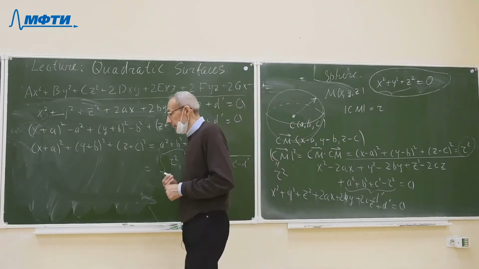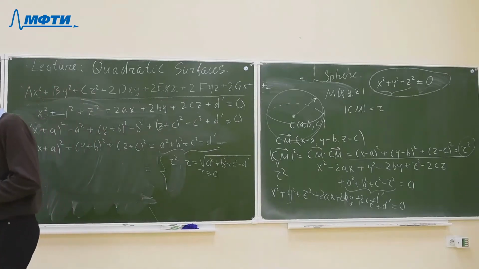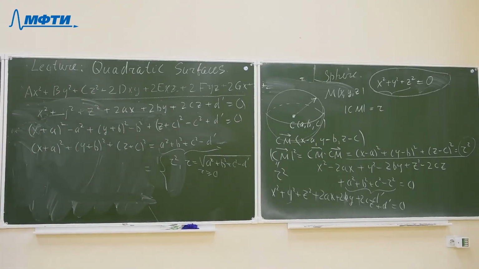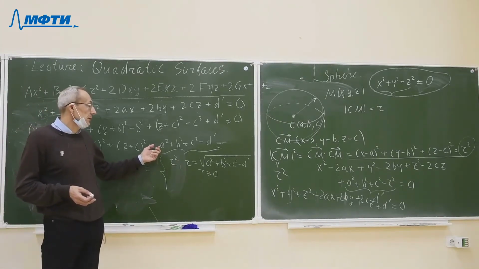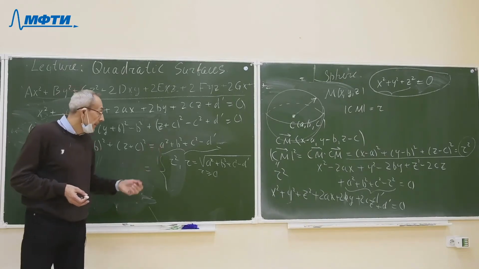But as a rule, all these cases are called sphere, and in the case of a negative free term, we use the term imaginary sphere.